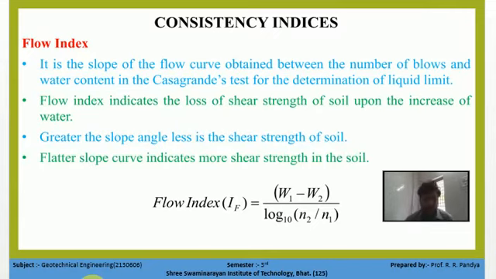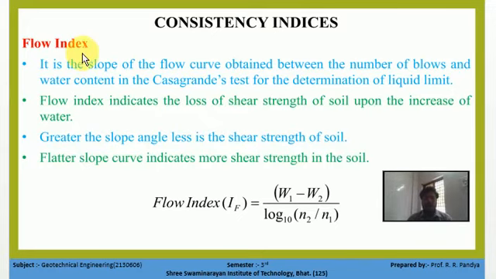And yes, we also covered the Atterberg limits, like liquid limit, plastic limit, and shrinkage limit, and also learned how to find those particular limits. On the basis of that, these consistency indices are also a main and basic property of soil. So let's take a look.